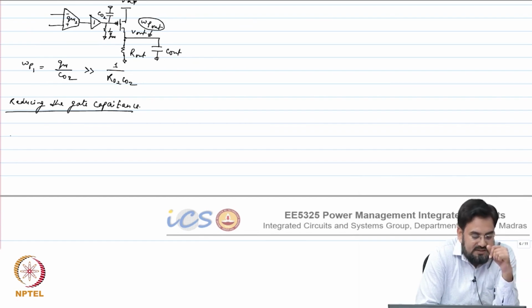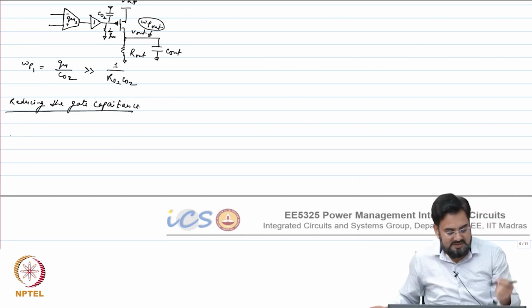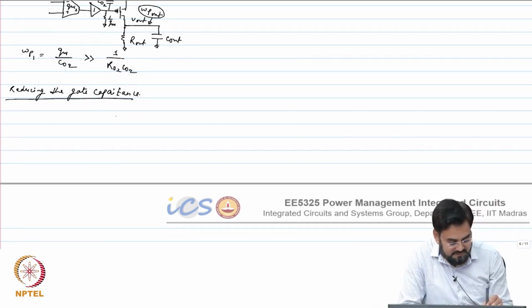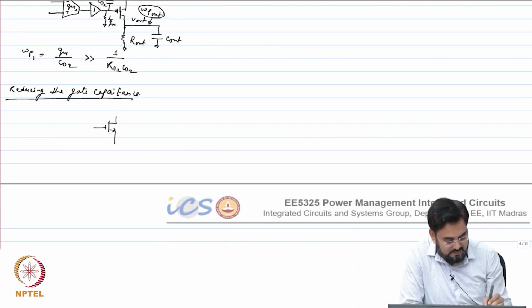Other thing is, in that case, the dropout voltage basically requires much larger. It will not work with the lower dropout. So what happens in the NMOS? This is your VDD.